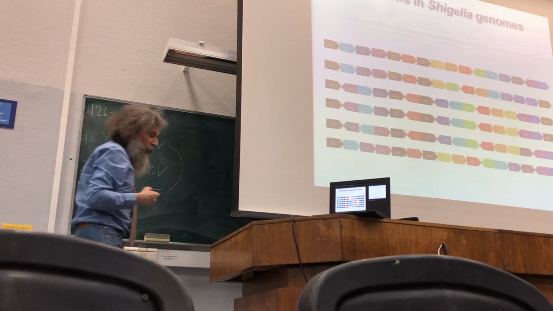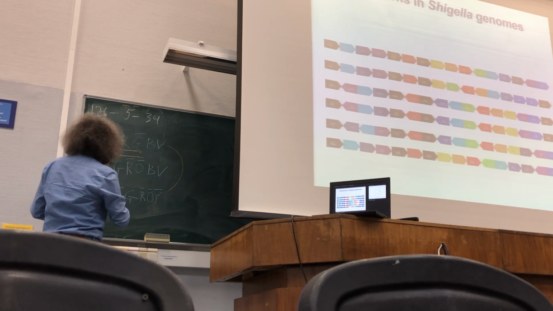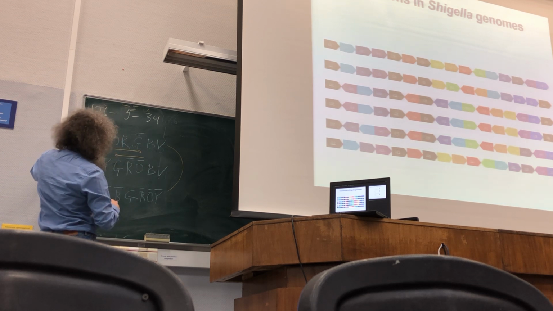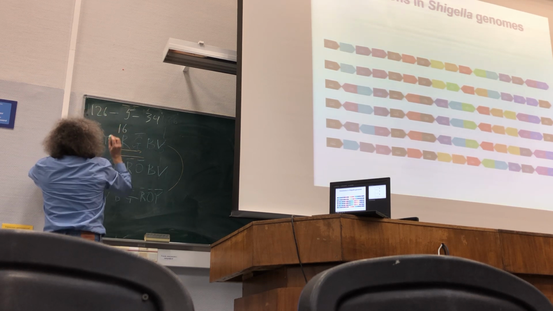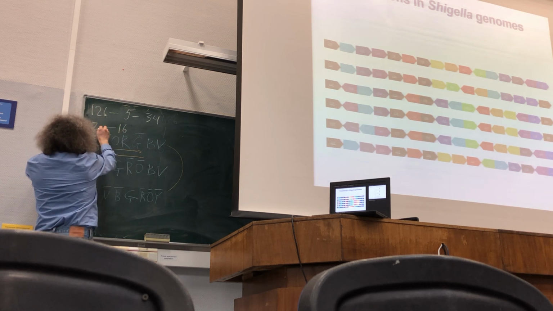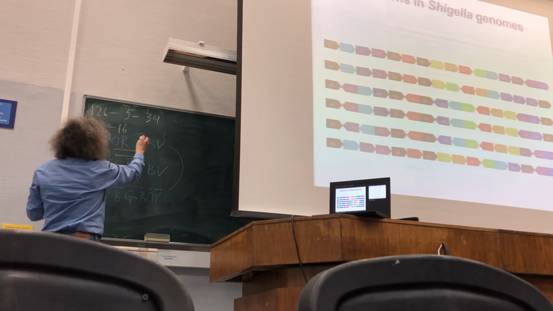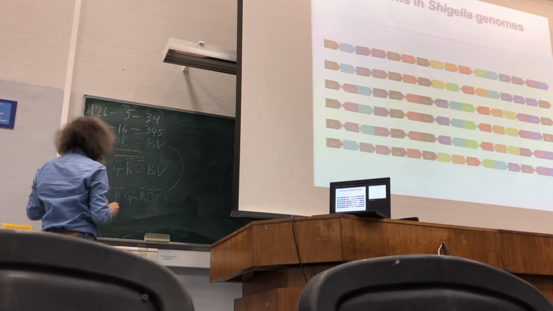Okay. So now we have 1 and 6 in the middle. 2 is different. And 3, 4, 5 are different on the other side.